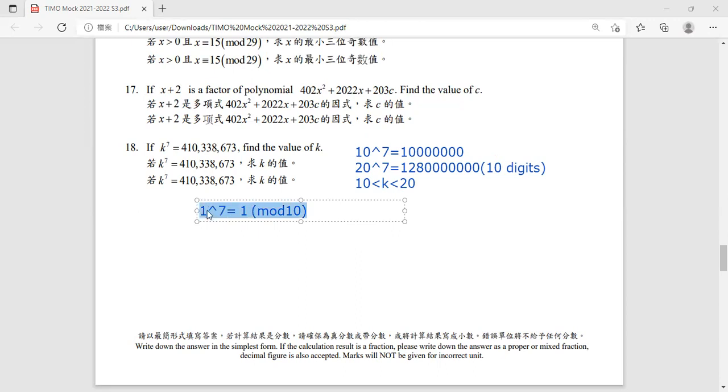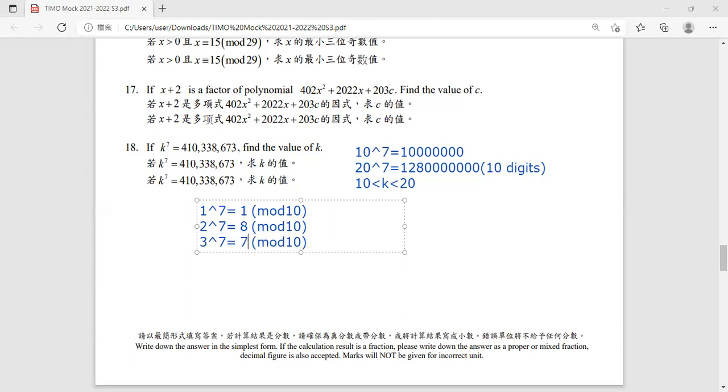You do the same for the others. If it is 2, you can check this is 8. If this is a 3, so what's this? This is 7.